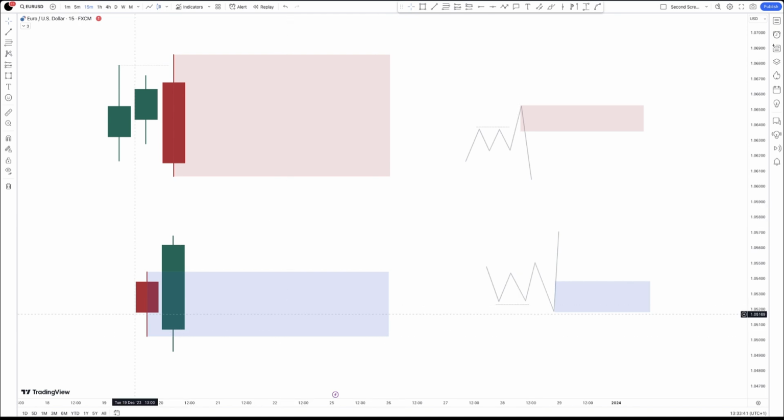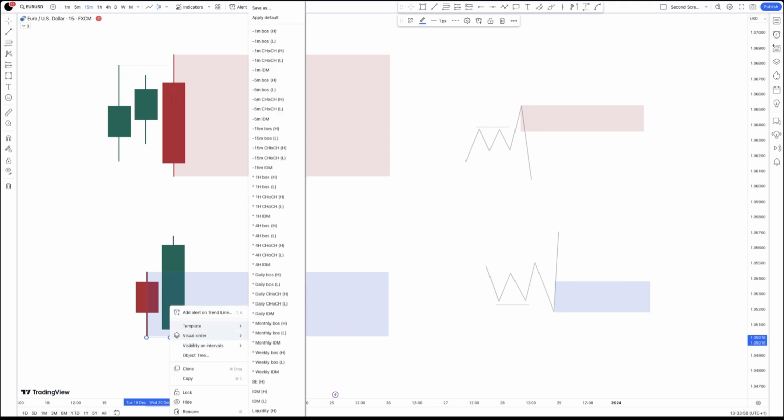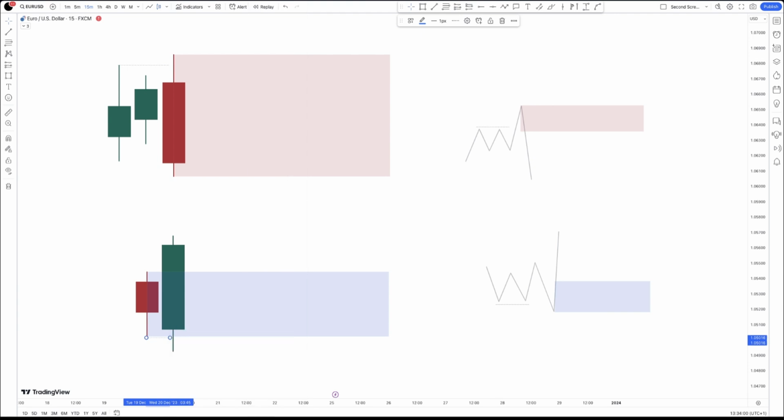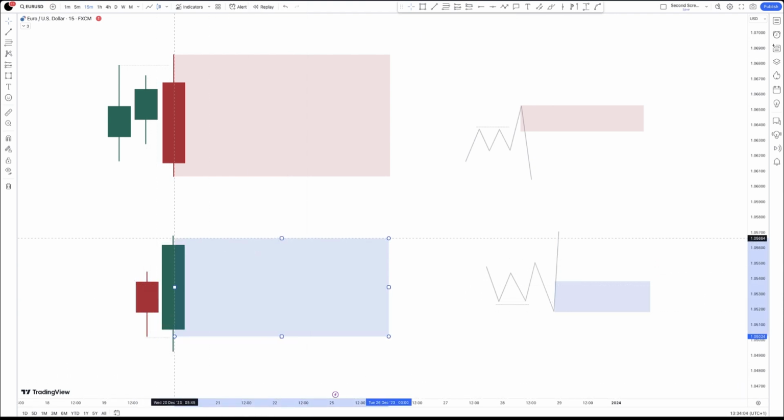Whether it's 3 candles or 4 candles, this was taken out here. This was the evidence that institutions have swept below. So my refined order block should be here.